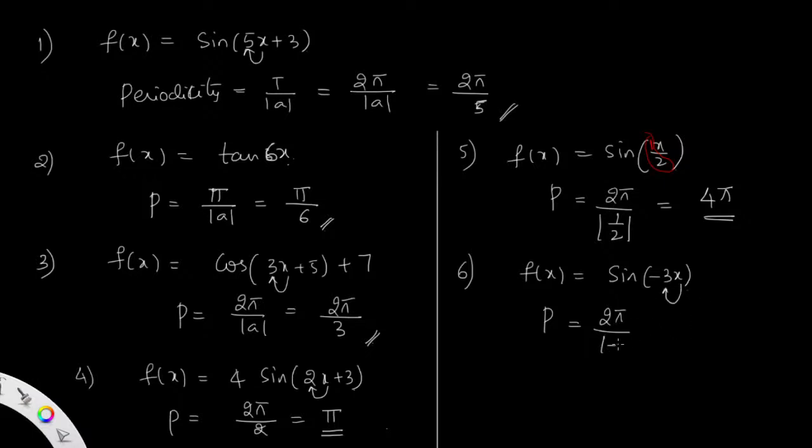So it is 2 pi by mod minus 3, which is 2 pi by 3. So the periodicity of the function is 2 pi by 3.